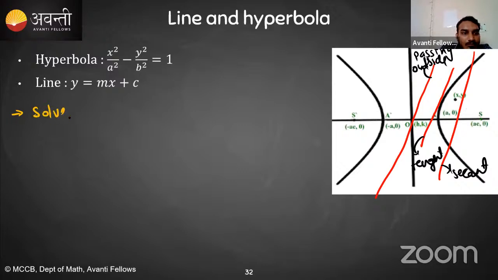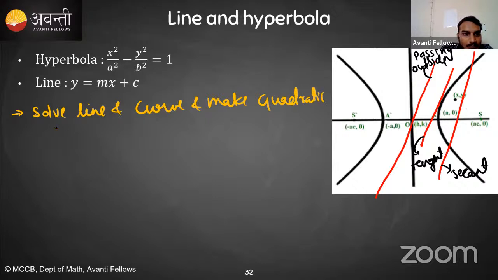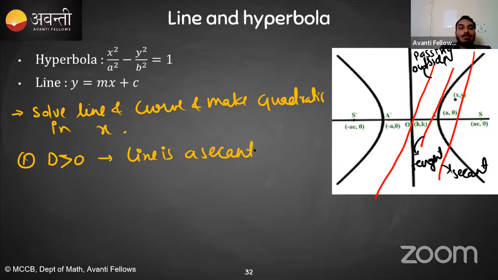Solve the line and curve and make a quadratic in x, right? Solve the line and the curve and make a quadratic in x. Now what next? Then D greater than 0 means the line is a secant, means the line is intersecting the curve at two distinct points.